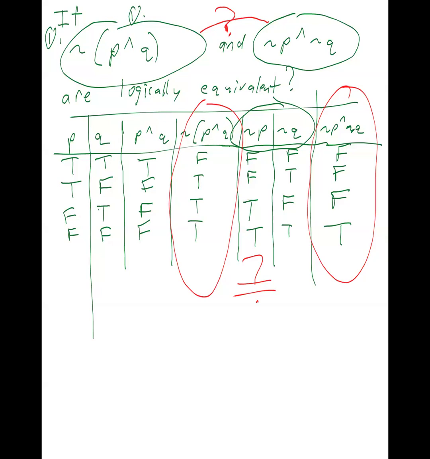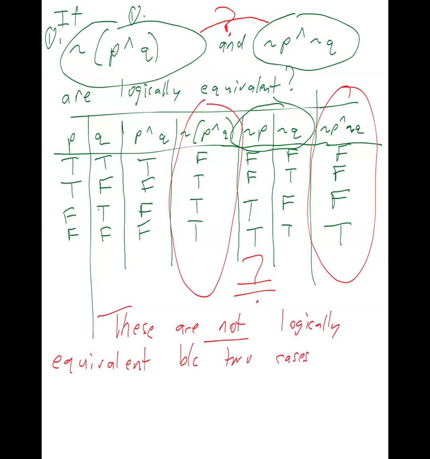The first line is equal, right? How about the second one? Not equal. Third one, not equal too. So you can write a sentence that says these are not logically equivalent, because two lines or two cases of the truth table are not the same, right?